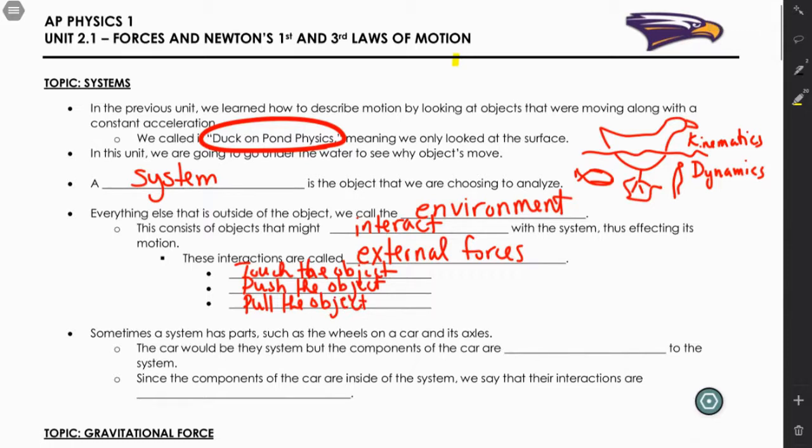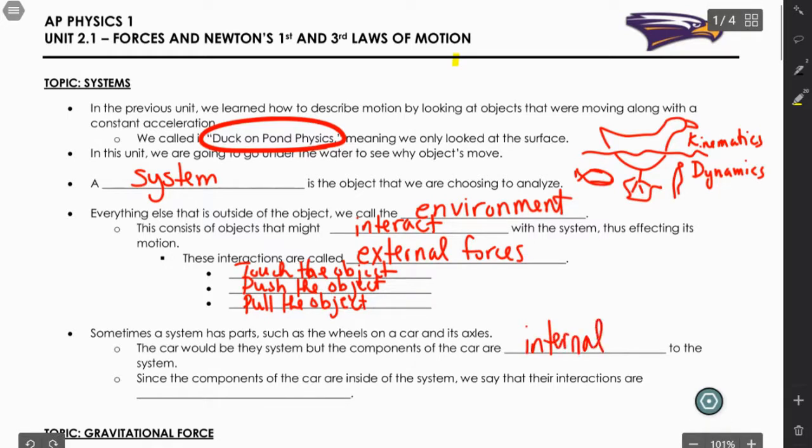Now, sometimes what happens is a system is something greater than, or more than what we really need to look at. So, for example, a car. A car has a bunch of parts inside the system, like the wheels, the axles, and so forth, the engine. So if we're looking at the car as a system, the components of the car are internal to the system.